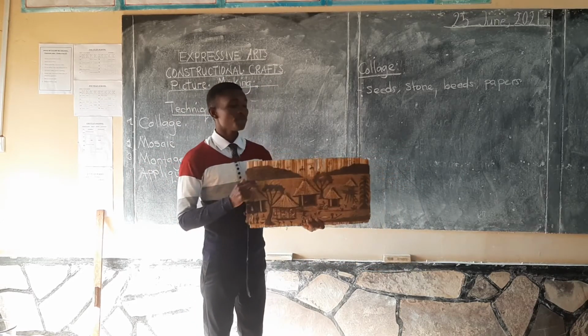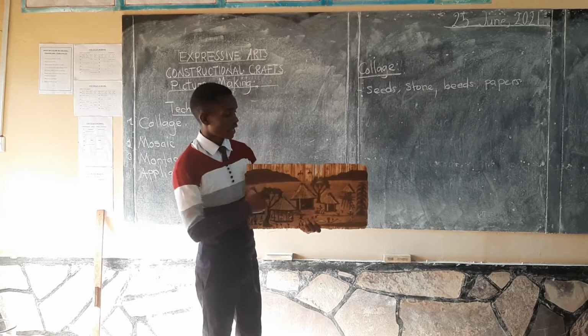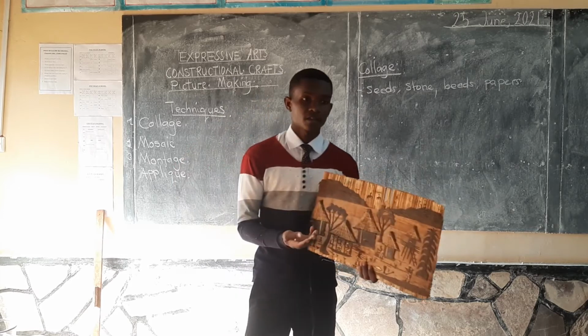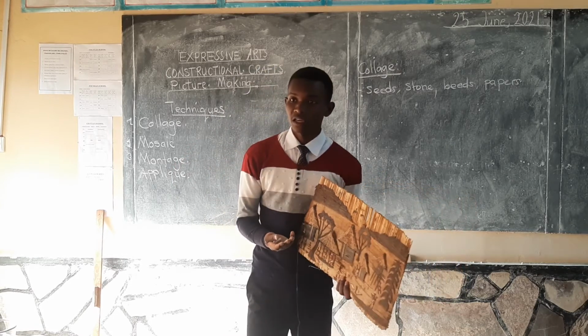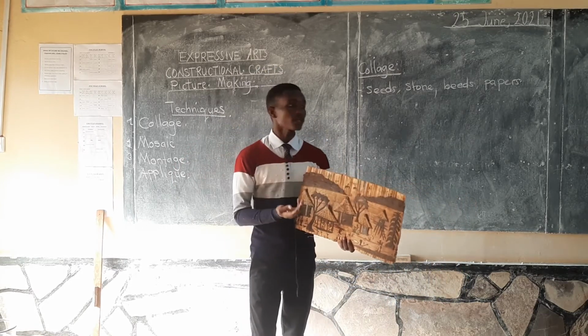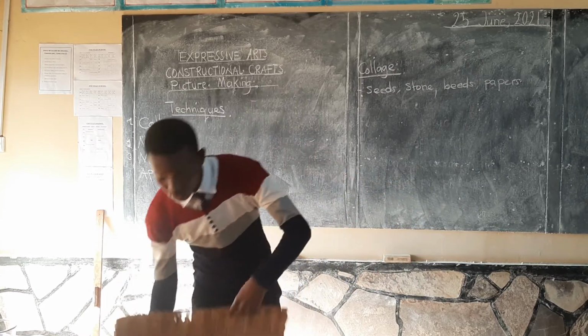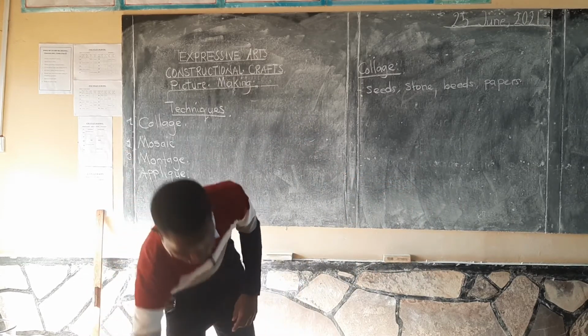You cannot only make this kind of art. You can make anything. For example, you can even make a bed. But for you to do that, you need to first draw a picture of what you want to make.